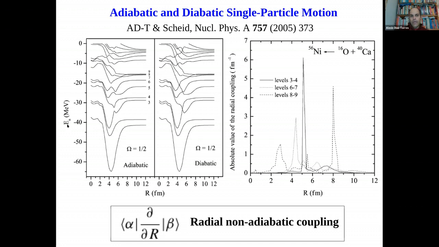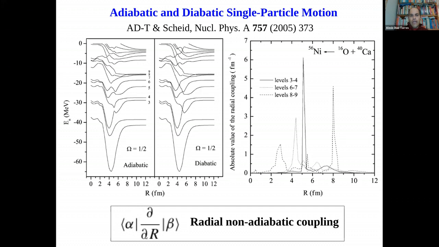So here in this figure I show neutron energies as a function of the internuclear distance. And on the left-hand side, you see adiabatic states. This is for omega equal 1/2. This is just a set of levels with the same symmetries. And these levels are obtained by analyzing this two-centered Hamiltonian matrix.